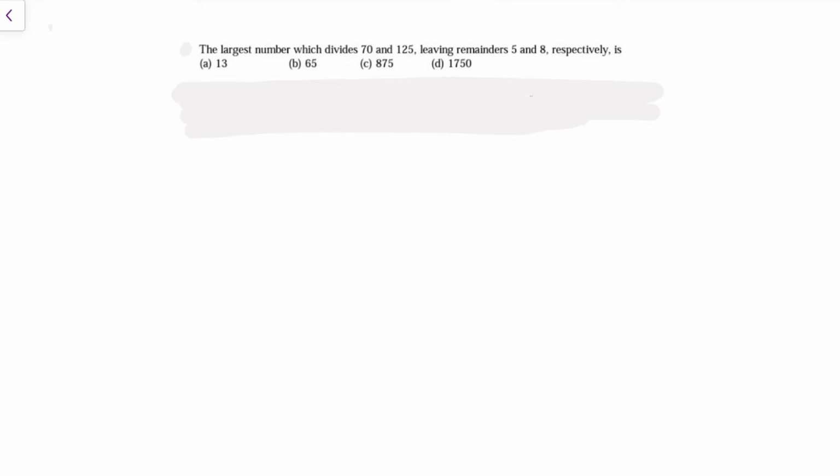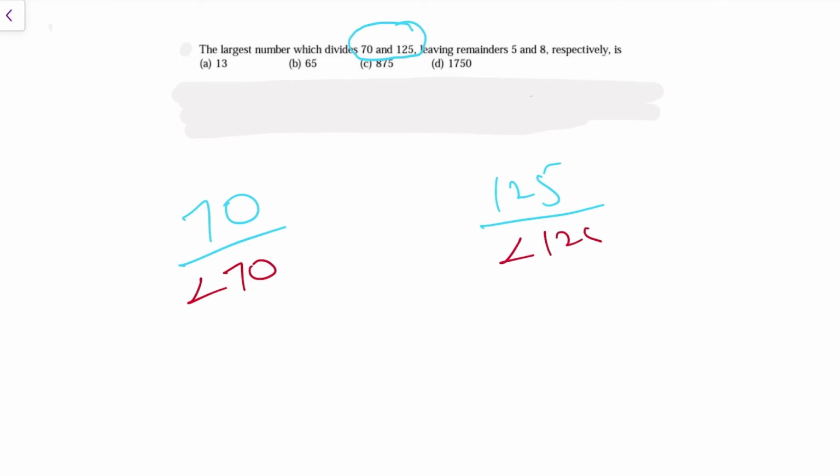The largest number which divides 70 and 125. 70 is divisible by some number. 125 is also divisible by some number. Now, to divide them, definitely this number should be smaller than 70, and definitely smaller than 125 also.